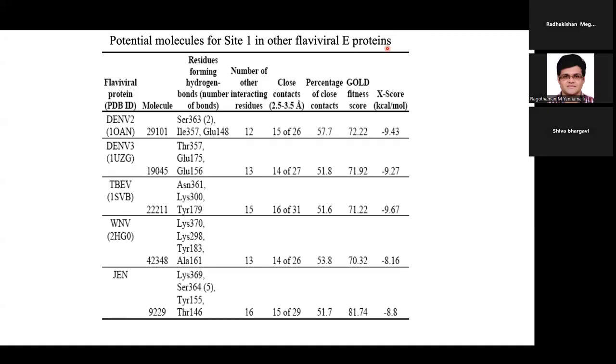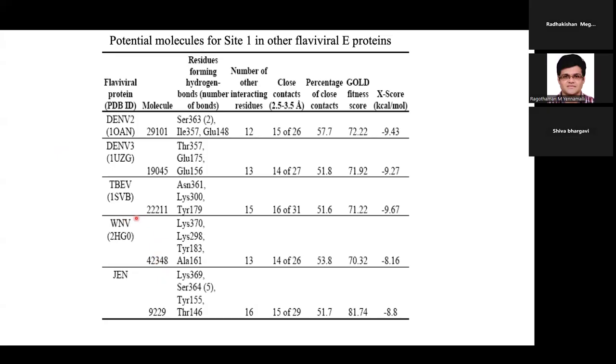One of the things we have been doing is looking at the conformation of the envelope protein in the dengue virus in comparison with other flaviviruses like West Nile virus, tick-borne encephalitis or Japanese encephalitis virus. How do these molecules for the first site bind with those particular envelope proteins? Why do you want to do this?